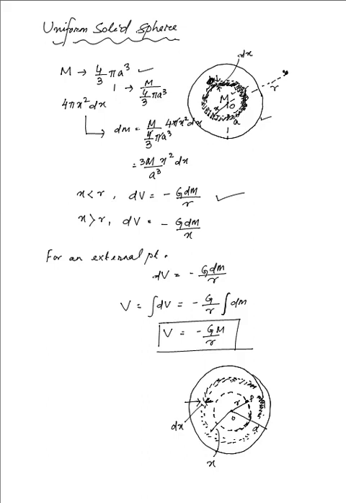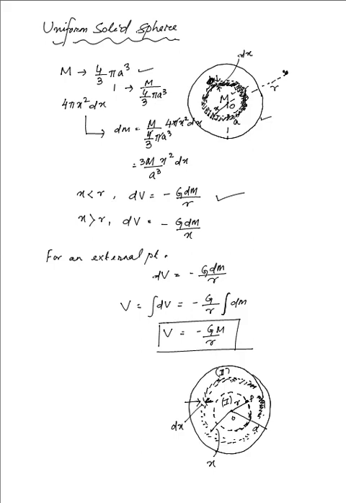Now there are two regions we will be considering. Region 1 is of radius r, and region 2 is of radius greater than r.